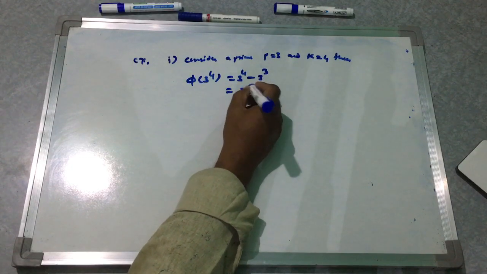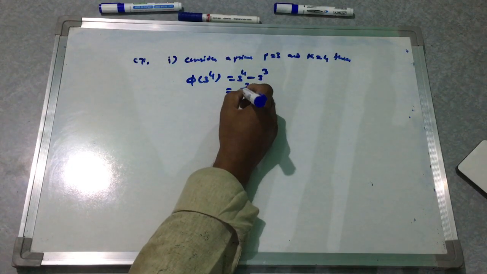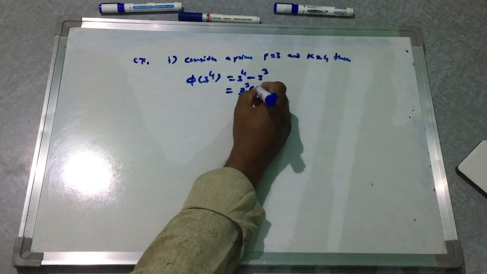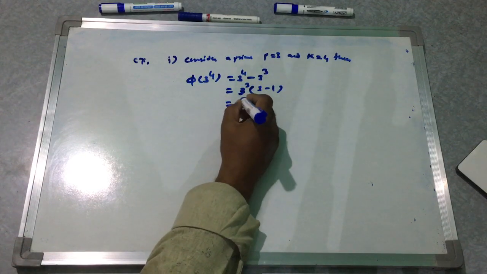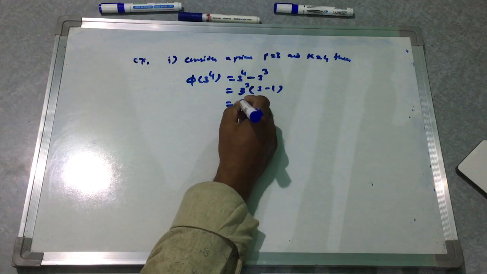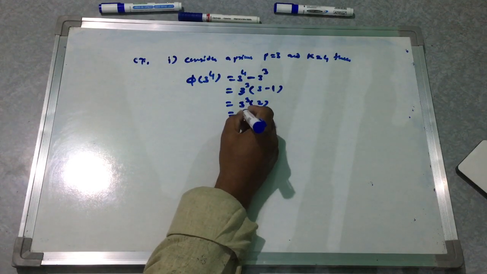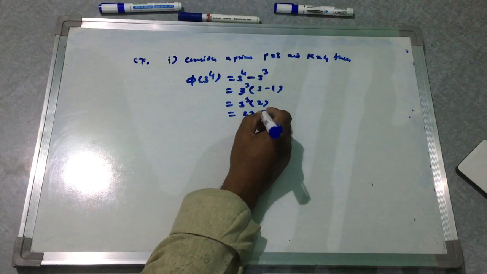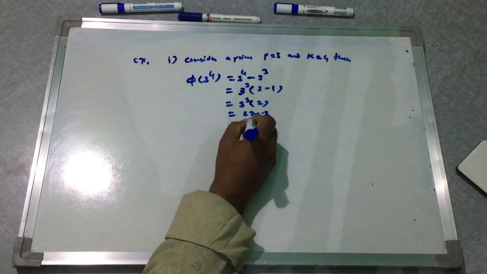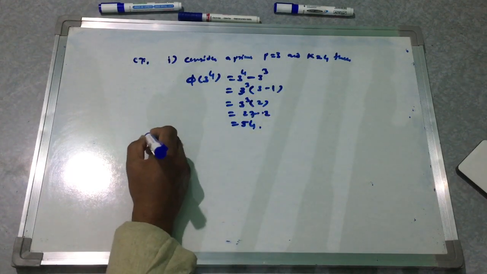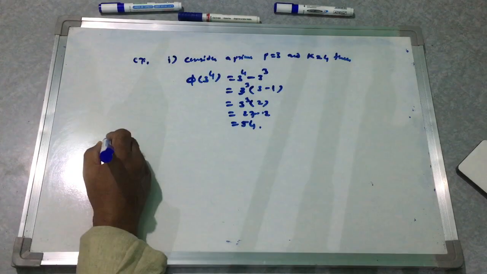This is equal to 3 to the power 3 into (3 minus 1), which is 27 into 2, this is 54. So this is the thing.